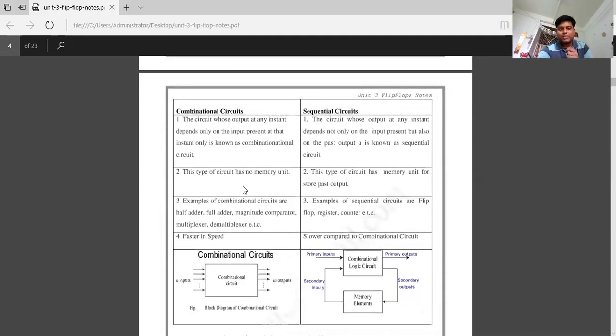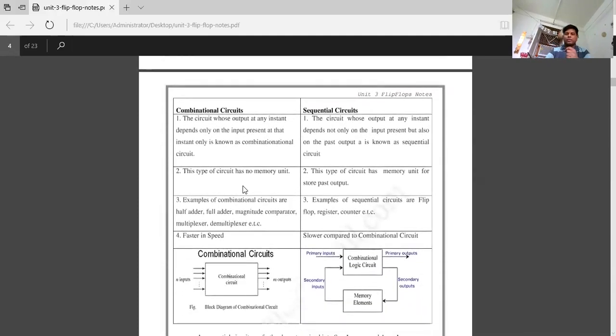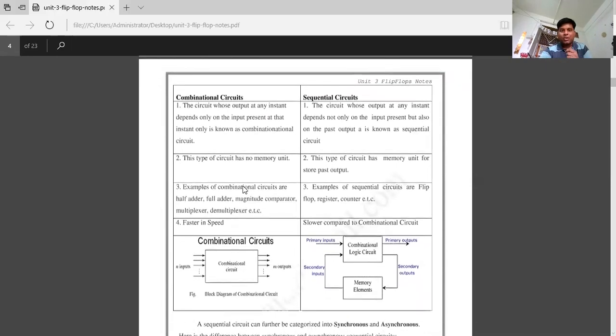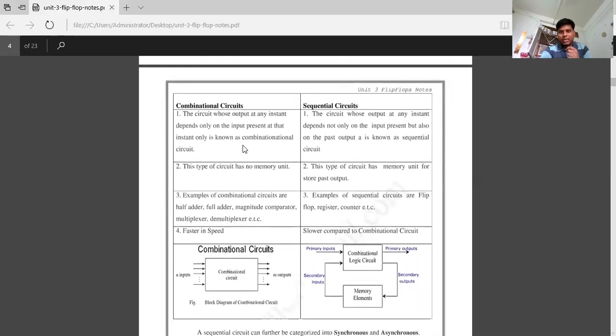The basic difference between combinational and sequential circuits: a circuit whose output depends on the input present at that instant only is known as a combinational circuit. And a circuit whose output at any instant depends not only on the present input but also on the past output is known as a sequential circuit.